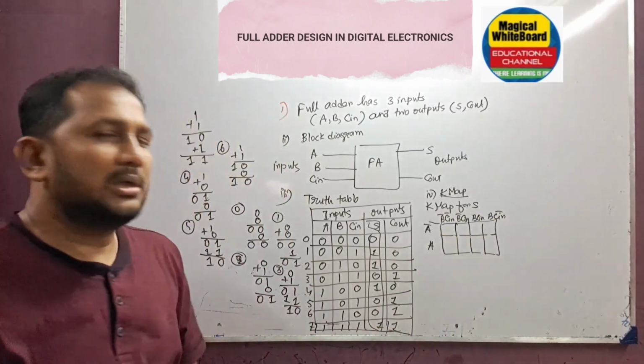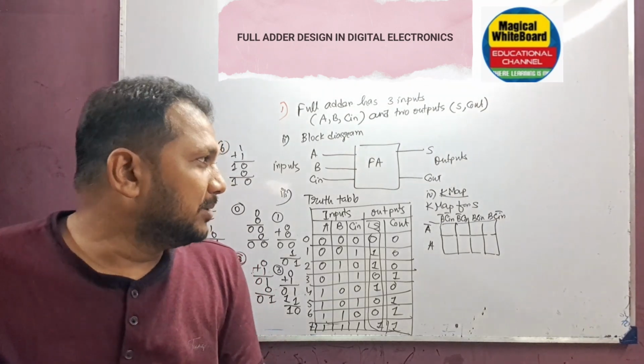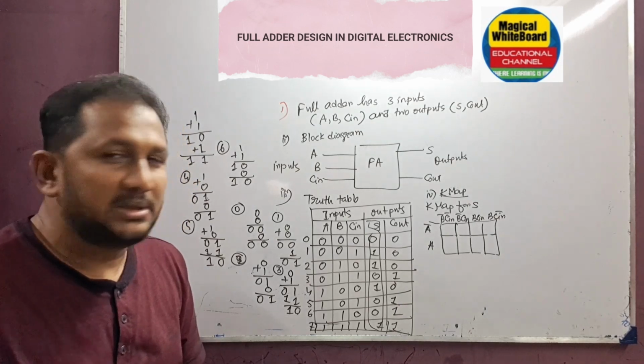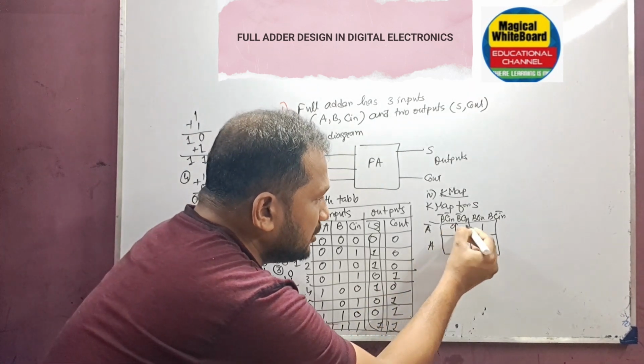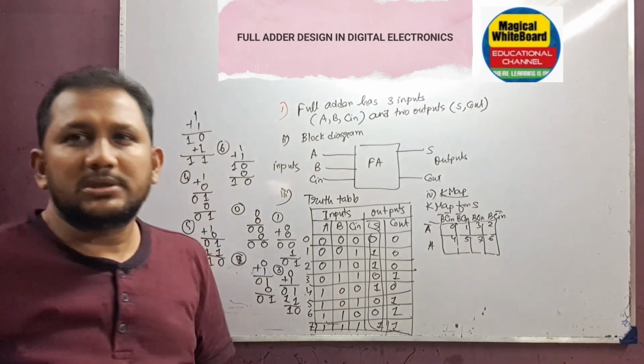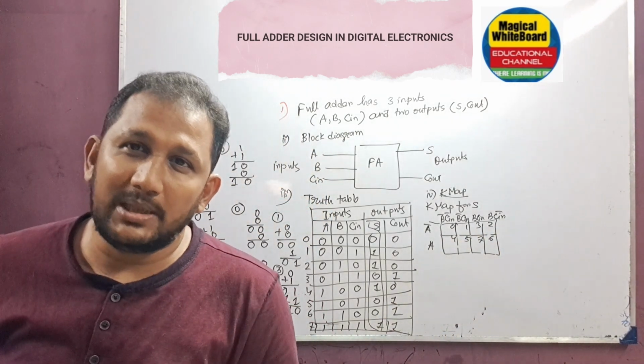So this is the structure of the K-map. The decimal values are 0 1 2 3 4 5 6 7. This is the construction of the 3 variable K-map.